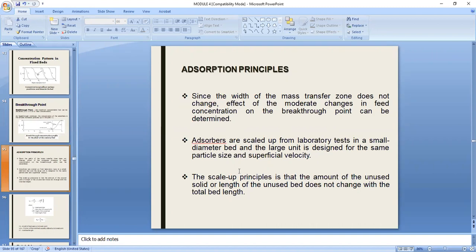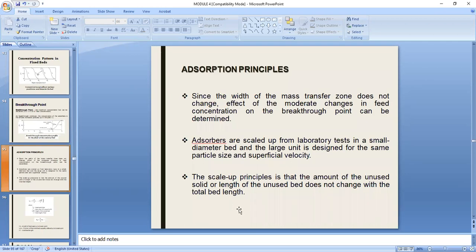Now, the scale-up principle is that the amount of the unused solid, or the length of the unused bed, does not change with total bed length. So in terms of ratio and proportion, the ratio of the unused solid or length of the unused bed to the total bed length should not change, whether we have a small adsorber or one already designed for industrial application.